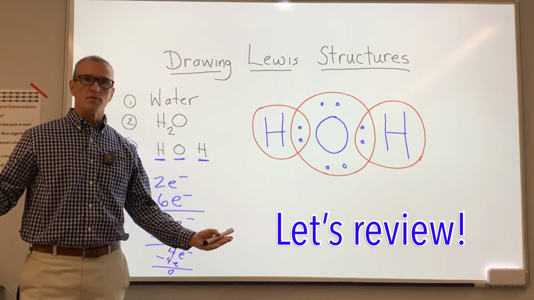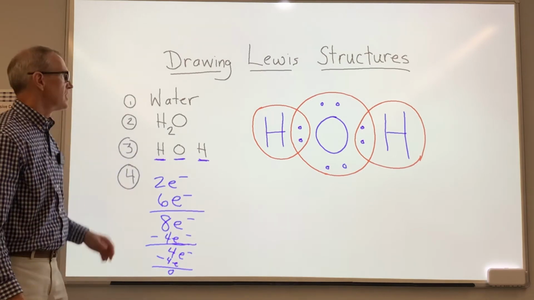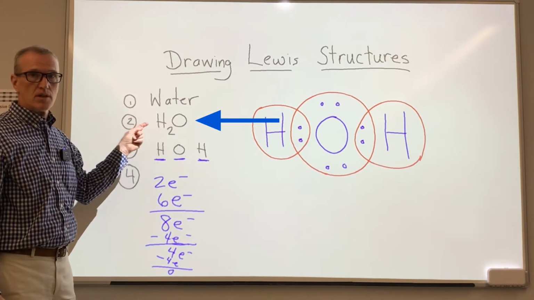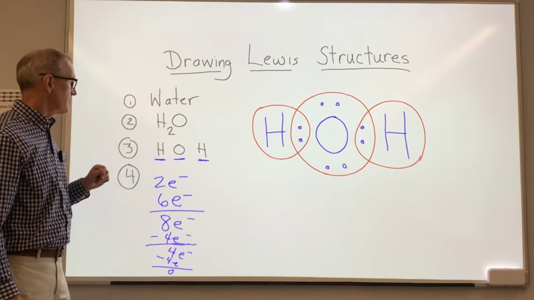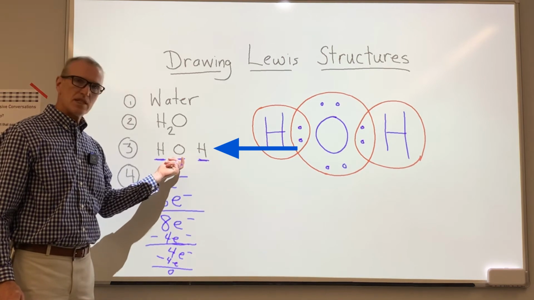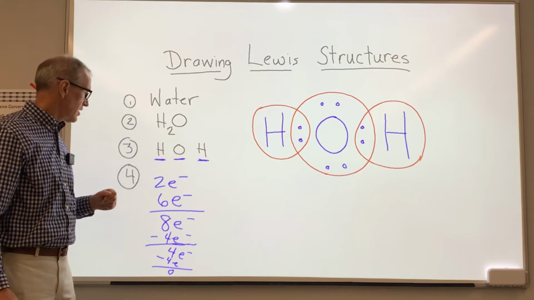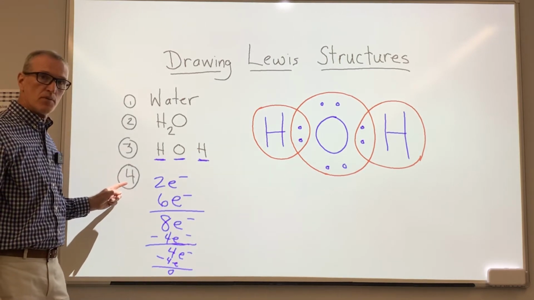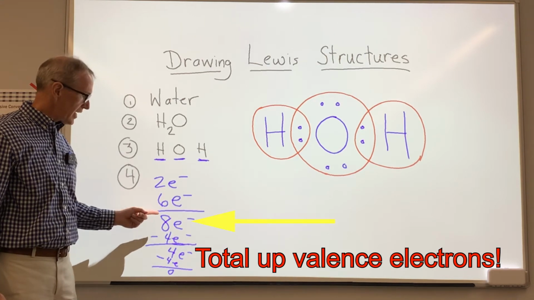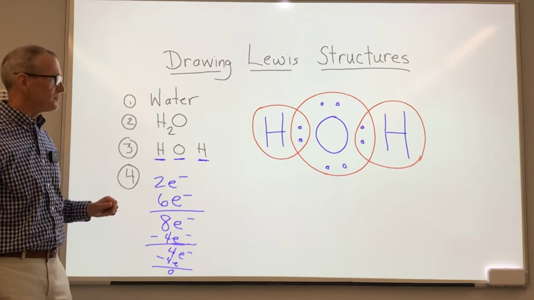So let's review. How do you draw a Lewis structure for a molecular compound? First, we need to know the formula, so we know how many atoms of each element are involved in the compound. Then we need to know how those atoms are arranged. So we need to know which is the central atom that the other atoms are bonded to. The next thing to determine is the total number of valence electrons, so that we can keep an account of the jelly beans as we distribute them throughout the molecule.